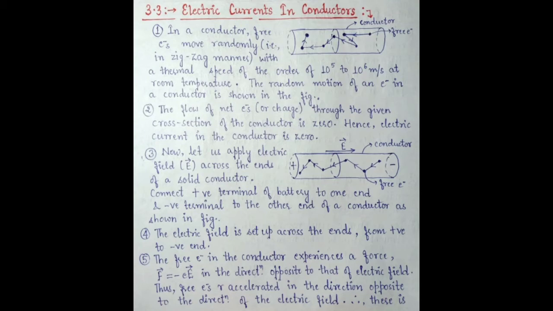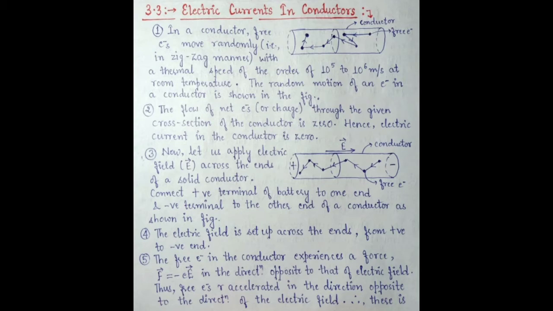So the random motion is hampered by the electric field when we apply it on a conductor, because the random motion is converted into straight line motion. In the opposite direction to which the electric field is applied, the movement of free electrons will be there.